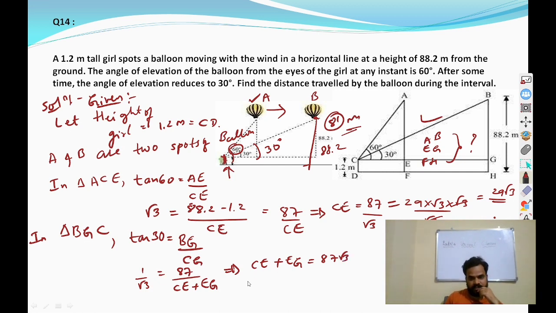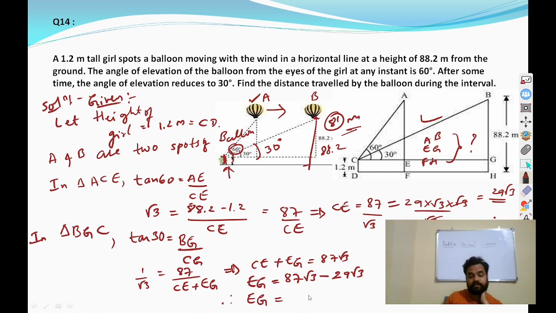Right, now CE we know. Now EG is equal to 87 root 3 minus 29 root 3. Now subtract and write the value. Therefore, EG is equal to how many root 3? 87 minus 29 means how many root 3?